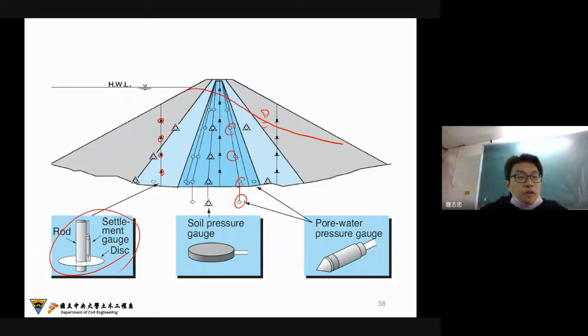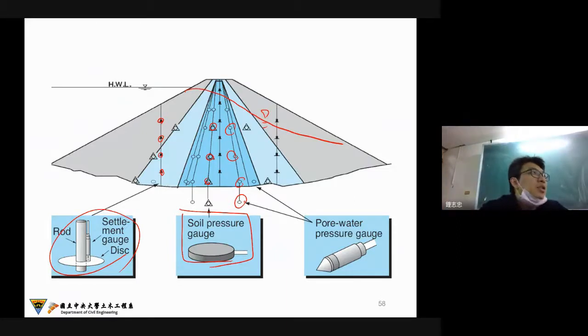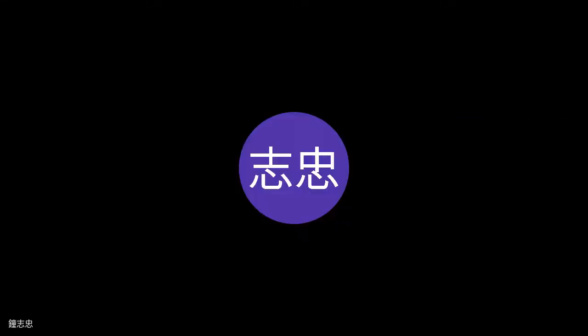Of course, you may have a soil pressure gauge to understand the earth pressure at different locations. But right now, this kind of earth pressure gauge is not so easy to get a very long survival time, because of construction.